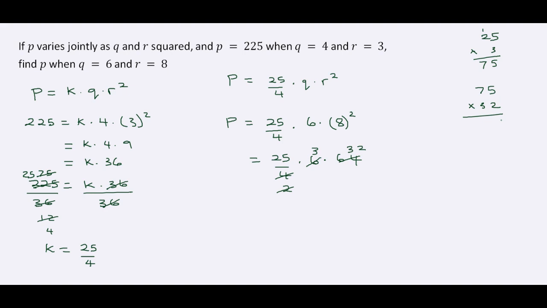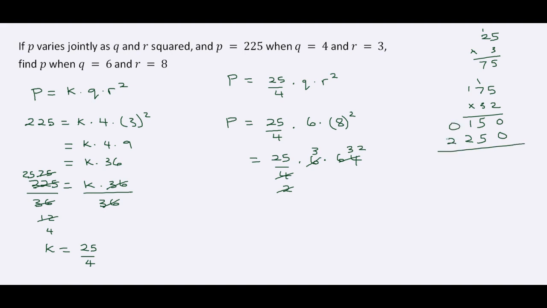5 times 2, we have 10, so we write 0, we bring 1 up here. 7 times 2 is 14 plus 1, we have 15. And then we bring a 0 down here. 5 times 3, we have 15. So you write 5, you bring 1 up here. 7 times 3, 21 plus 1, we have 22.